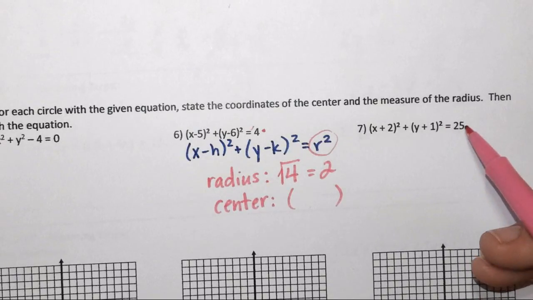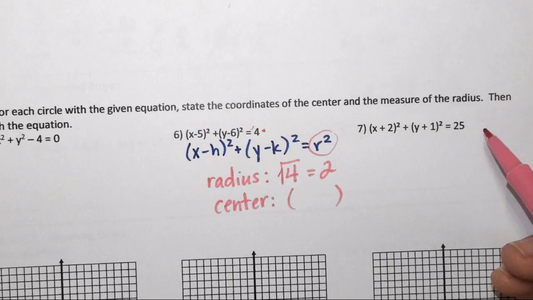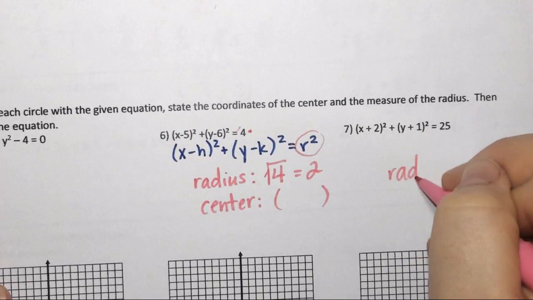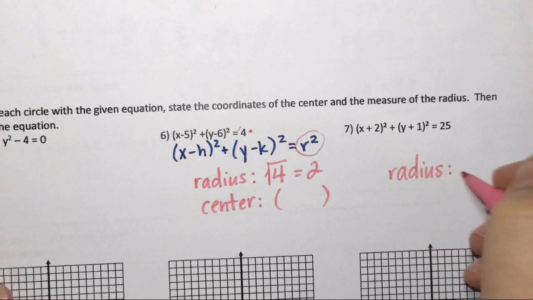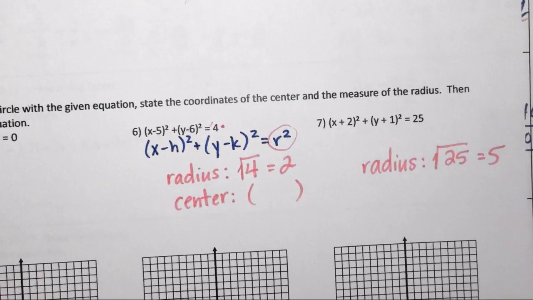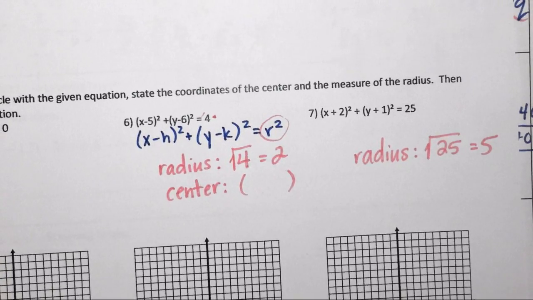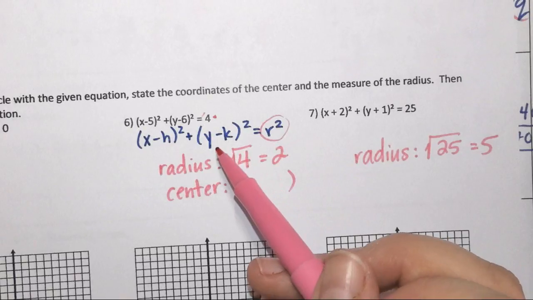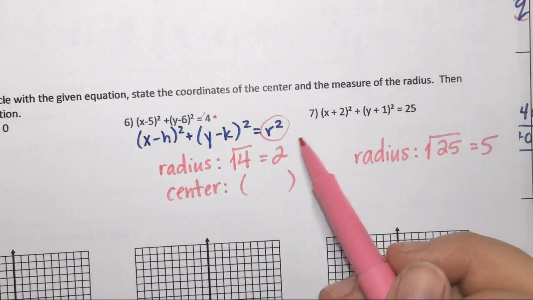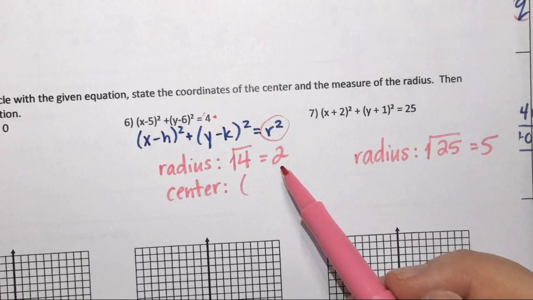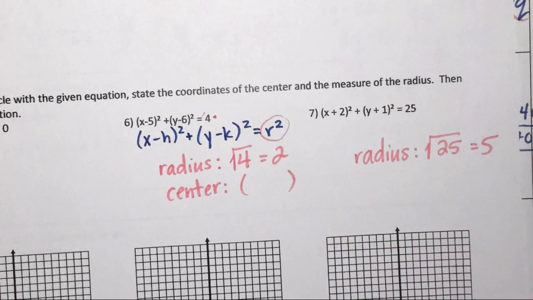The radius is the square root of that, so it's going to end up being 5. So it sure is nice when we see those perfect squares. In fact, I'll go ahead and write the radius for number 7. Again, it's because that equation says r squared. It doesn't say (x minus h) squared plus (y minus k) squared equals r. It says equals r squared. So we have to take the square root of it to undo that squared. Okay, so I know my radius is 2.